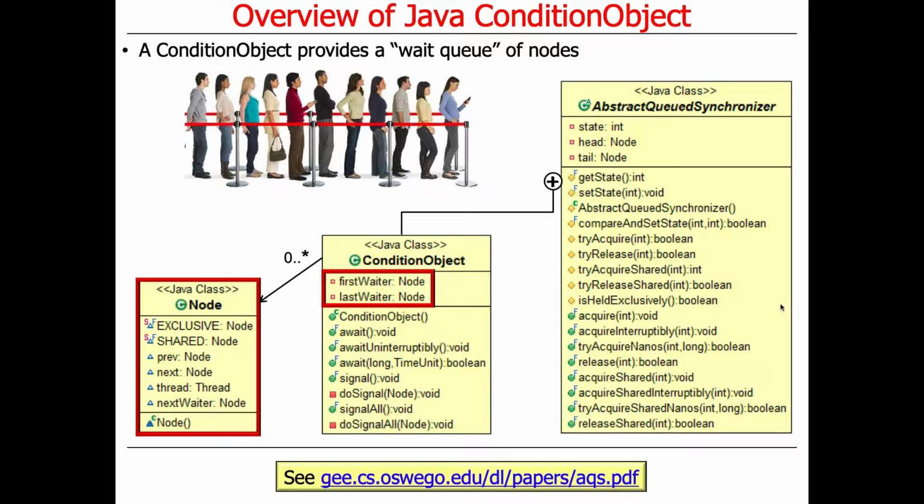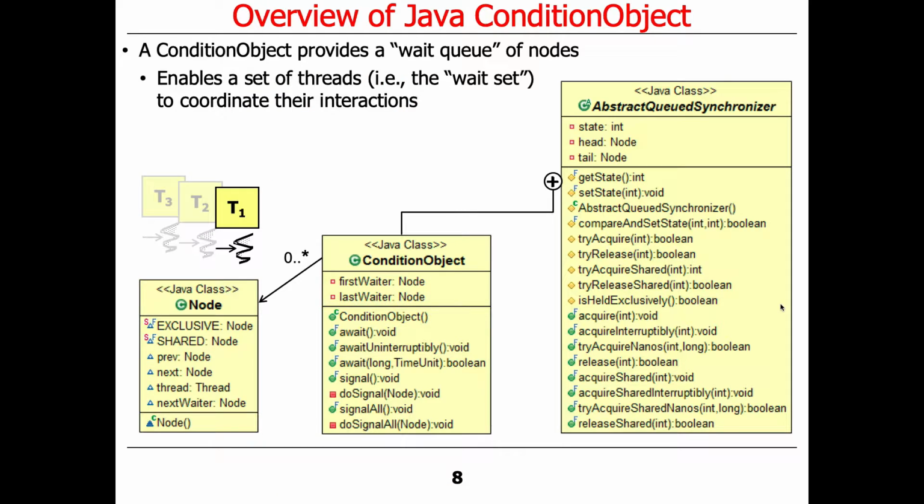So you basically have a queue of waiting nodes where each node corresponds to a thread. And this enables the set of threads, which are the wait set we talked about before when we talked about condition variables, to coordinate their interactions, basically by signaling or waiting for things to happen that make conditions more to their liking. So that's the secret sauce behind all this stuff.